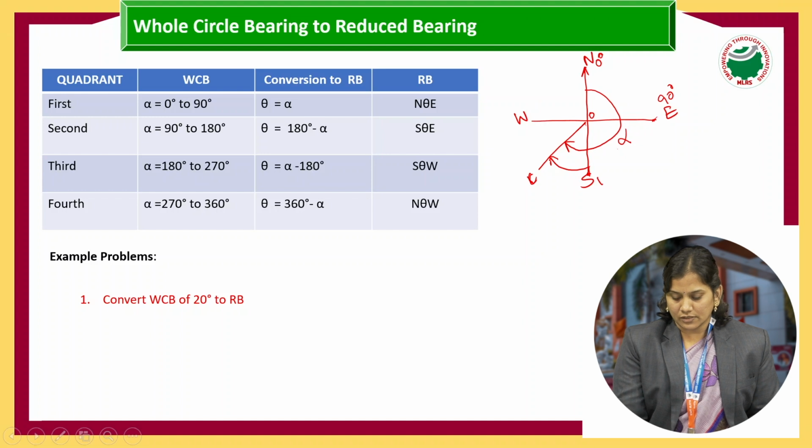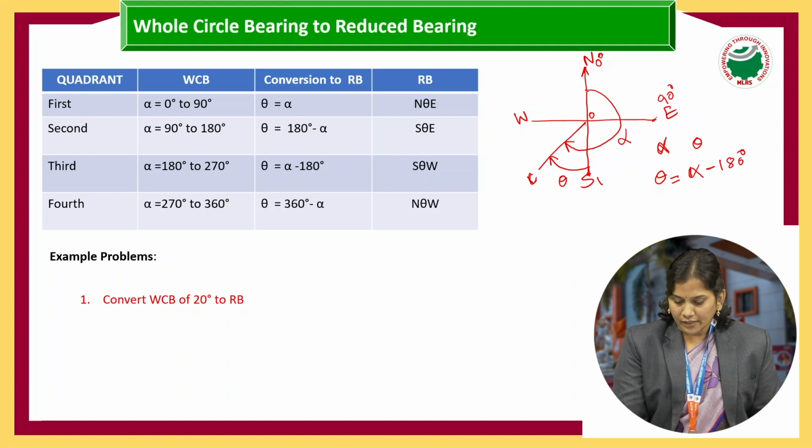So if alpha is our whole circle bearing, theta is our reduced bearing, and theta is equal to alpha minus 180 degrees.